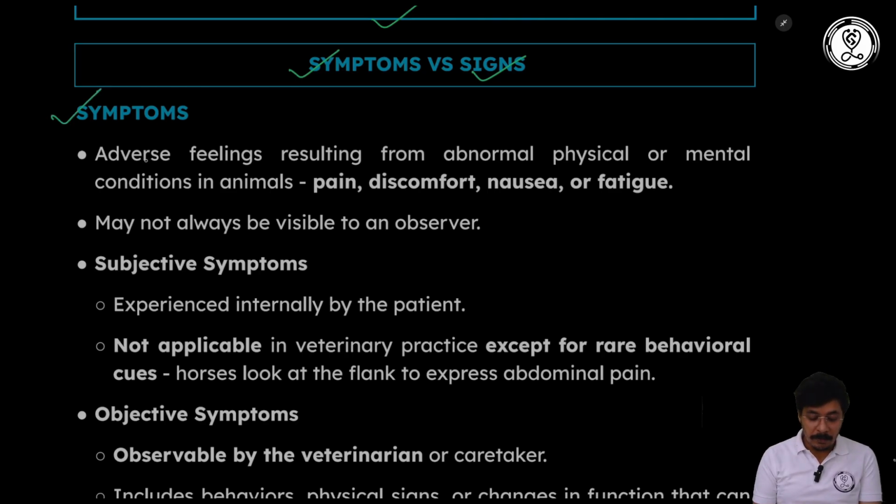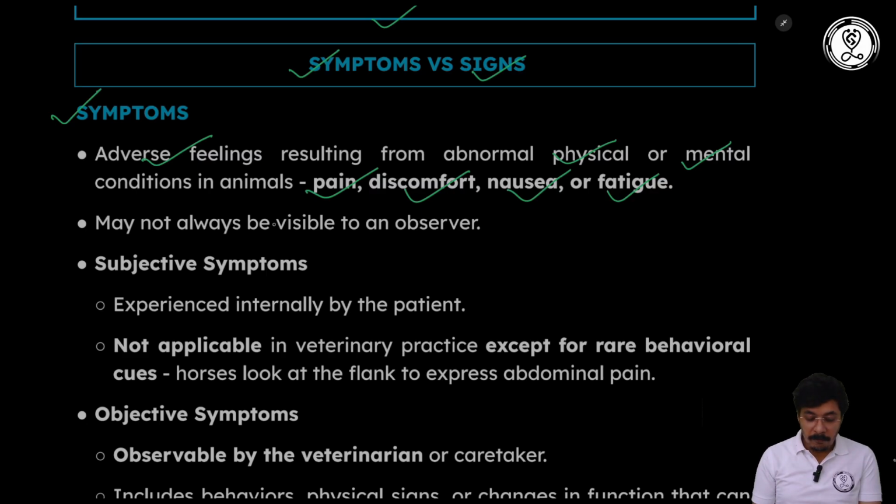They are nothing but the adverse feeling because of any abnormality of physical or mental conditions in the animal, like pain, discomfort, nausea, and fatigue. So basically, if your animal is experiencing any adverse feeling, any not good feeling, because of any abnormality either in the physical structure or mental condition, it can be pain, discomfort, nausea, fatigue.